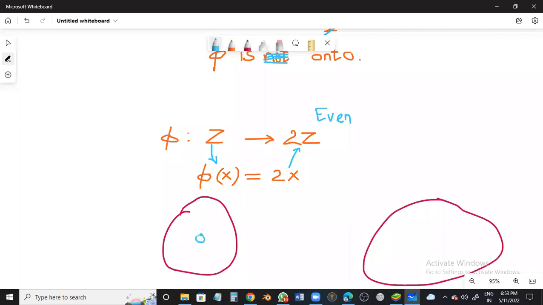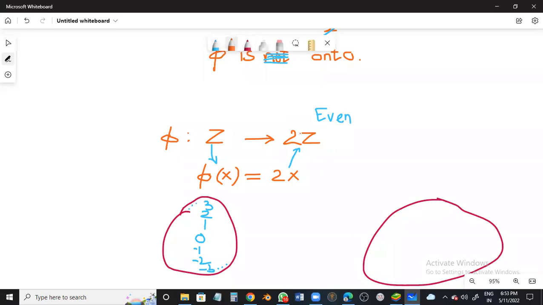0, is it there? Yes. 1, integer. -1, 2, 3, and so on. Talking of the negative side, -1, -2, -3, I say and so on. Okay. Now I would like to go for this part.